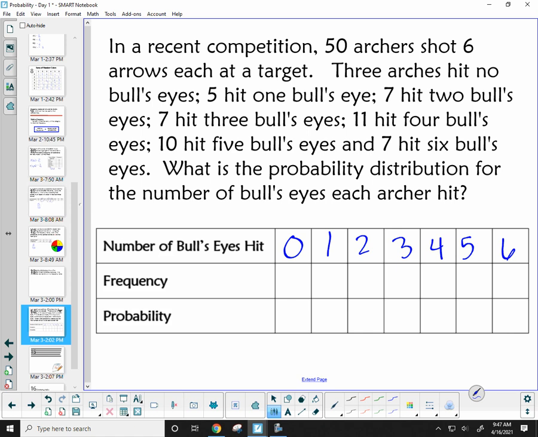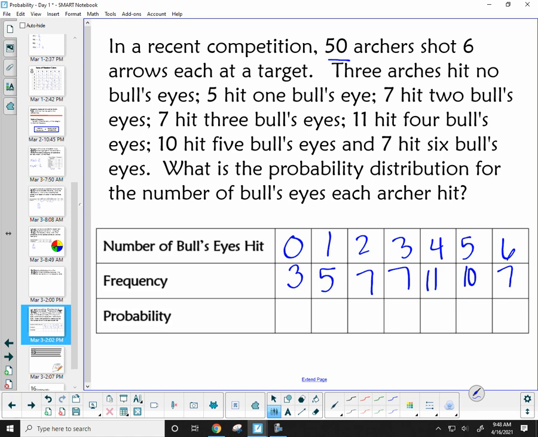Our frequency is just how often did that happen? So how many people hit 0? 3. How many people hit 1? 5 hit 1. 7 hit 2. 7 hit 3. 11 hit 4. 10 hit 5. And 7 hit 6. Now we know there are 50 archers because it told us right in the beginning, but if we didn't, we could add up all of our frequencies.